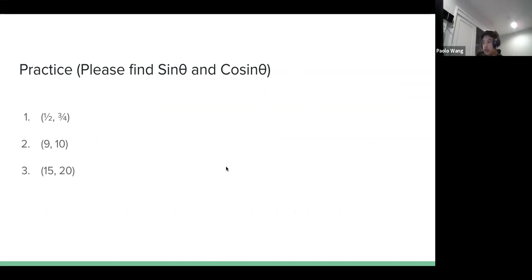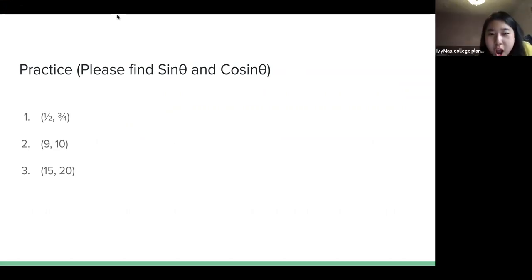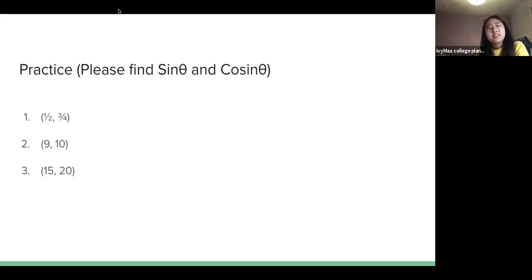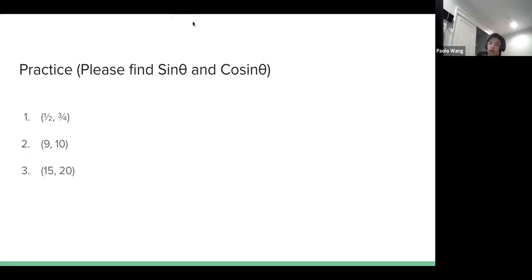In the unit circle, you can find the values for 1/2, 3/4. Let me pause you real quick. Isn't it just x is equal to cosine and y equal to sine? Oh wait, yeah, never mind. Right, yeah, okay.